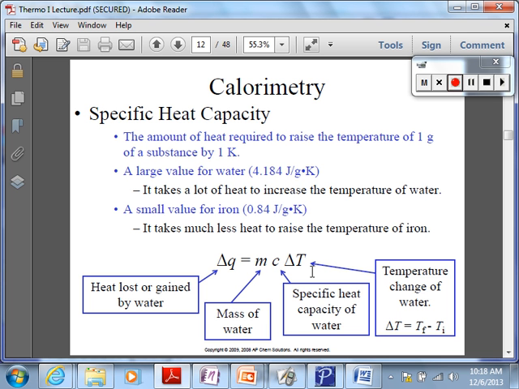Okay, so enthalpy equals heat over moles. So they're basically the same thing, but H has moles and Q doesn't have moles. Right, so Q equals M, which is mass, and that's going to be the mass of the water or solution.